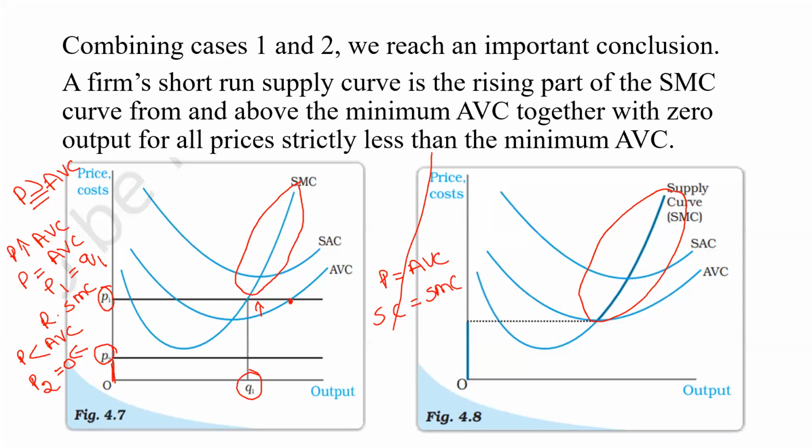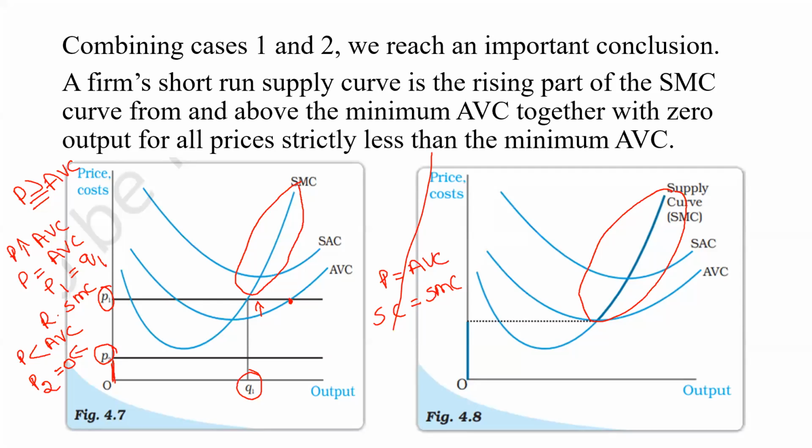In the first graph, when it is P1, we are producing Q1 amount of output. When it is price 2, we are producing zero output. Now I am talking about the second graph, when your price is equal to your average variable cost.